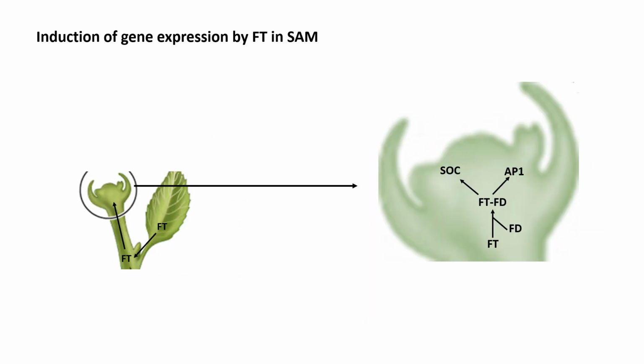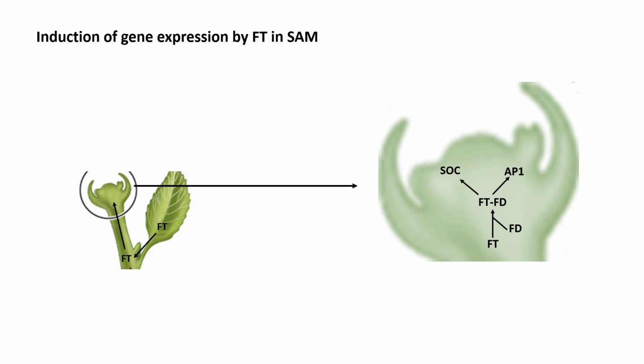On moving to the shoot apical meristem, the FT interacts with the bZIP transcription factor flowering locus D or FD. The FT-FD dimer activates the floral integrator gene suppressor of overexpression of Constans or the SOC1 gene and the floral meristem gene apetala1 or the AP1 gene, both being MADS-box type of transcription factors.